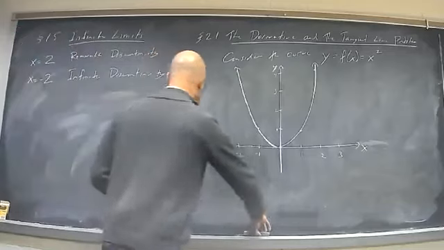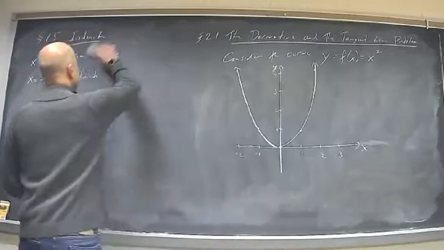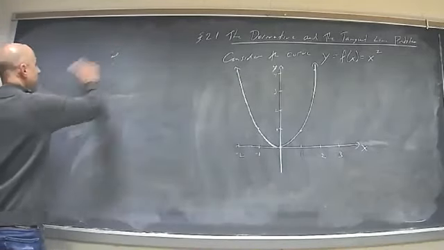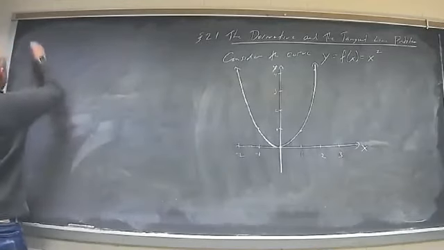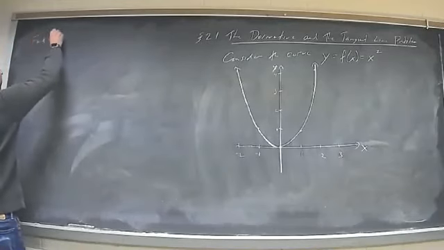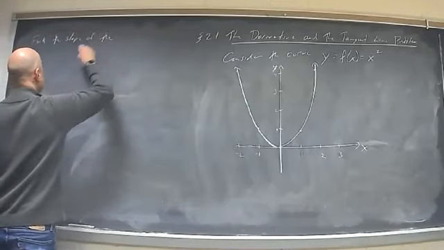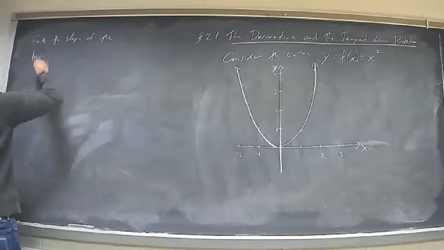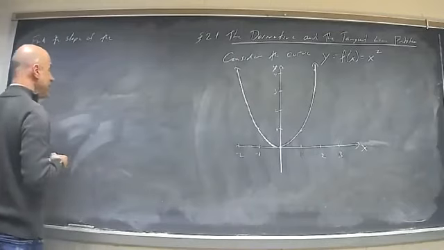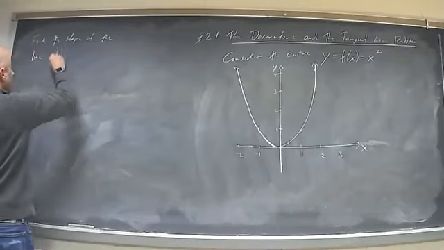And let's say I ask you to find the slope of the line that crosses the curve at x equals 1 and x equals 2.